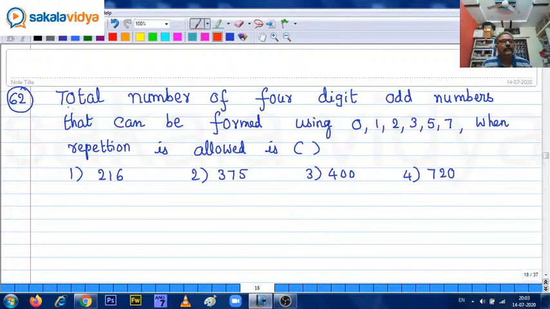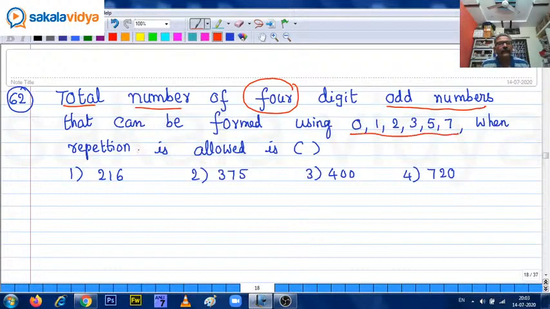Here, the total number of 4-digit odd numbers, this is a keyword, odd numbers, that can be formed using 0, 1, 2, 3, 5, 7 when repetition is allowed. But 4-digit means if 0 comes in the first place, that is not a 4-digit number. So we get two cases here.